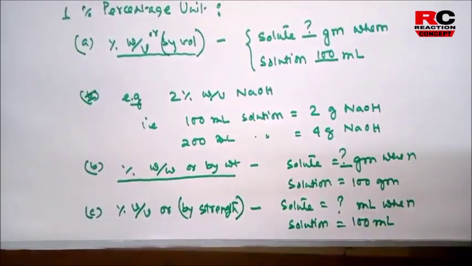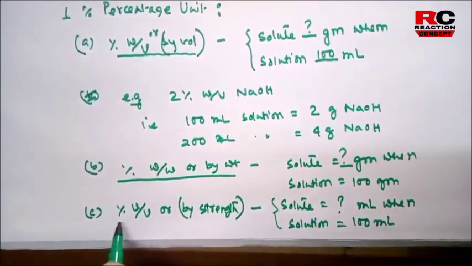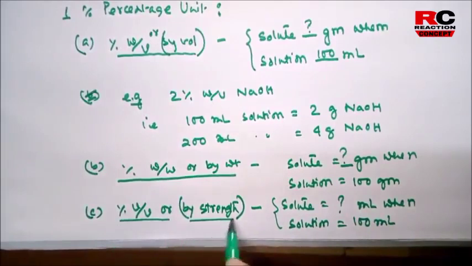Okay, so in 100 ml of solution, if you express the solute in terms of ml, that concentration is known as V by V or by strength.